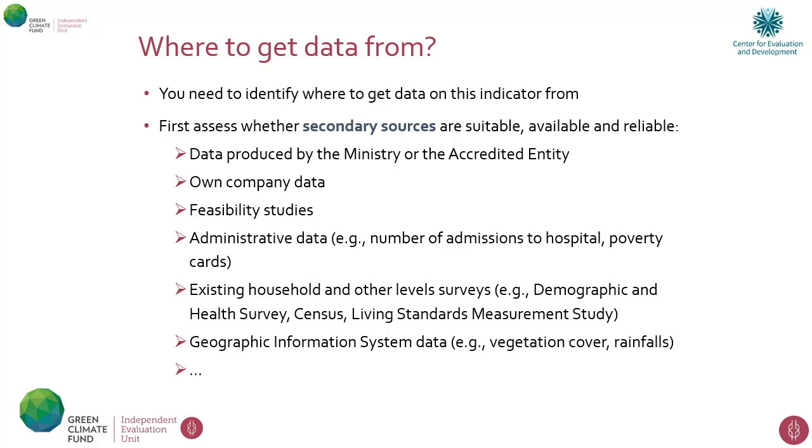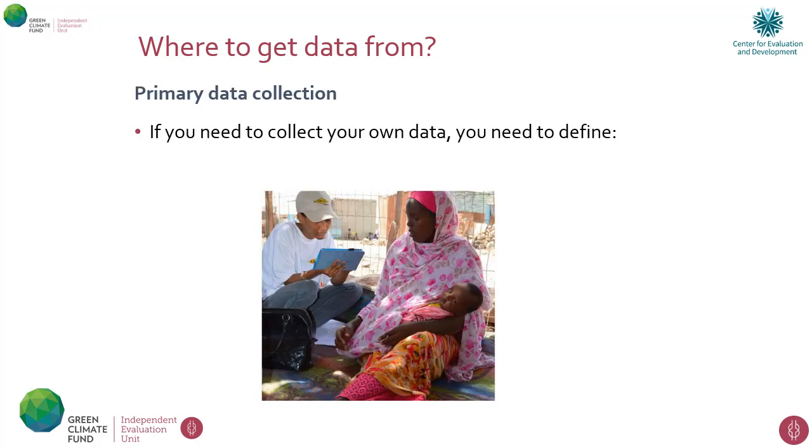A first screening is important to avoid duplicating data and so to avoid wasting people's time and money. However, the perfect data on our specific needs and population is rarely available, and you often have to conduct your own data collection. To do so, you need to define who should be the respondents, where to get them, and how many should take part in the survey.